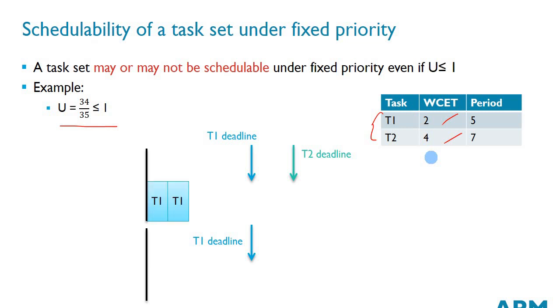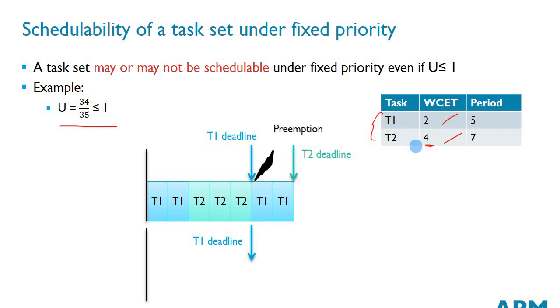But what do you see? If I try to schedule T1 first, followed by T2, after T1 I get to run T2, but T2 requires 4 units of time. Since T1 is higher priority in this case, I switch back to T1, and after T1 I can carry on with T2, and what happens is I miss T2's deadline.